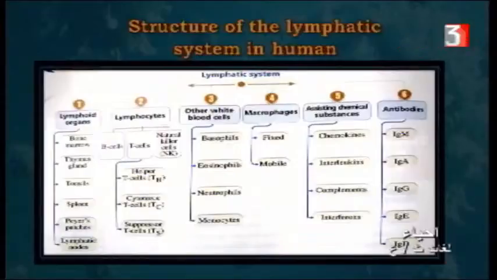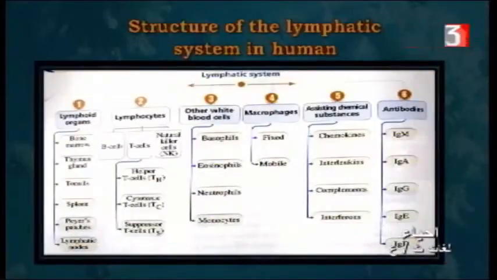Assisting chemical substances include chemokines, enterokinase, complements, and interferons. Interferons are assisting chemical substances coming from outside to increase the immune system.